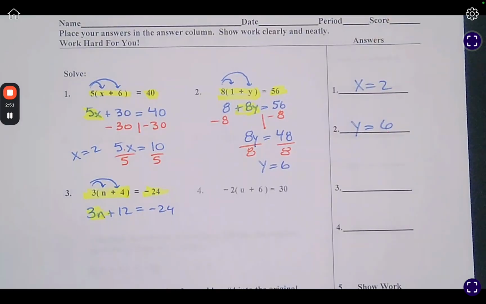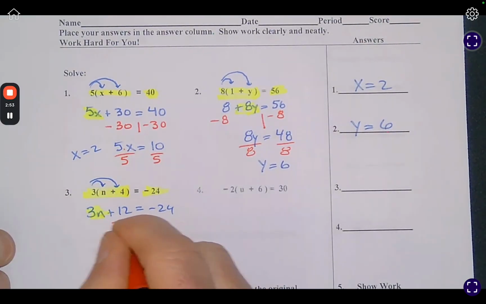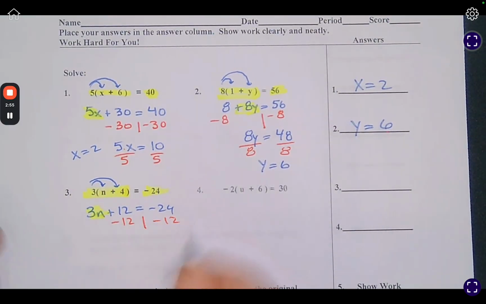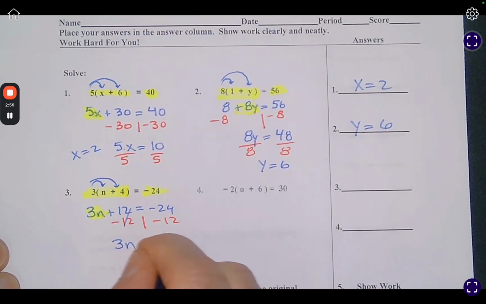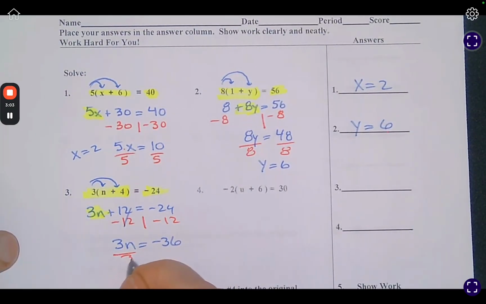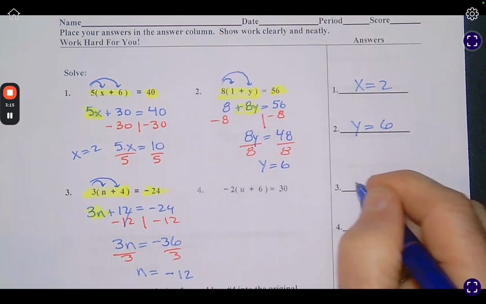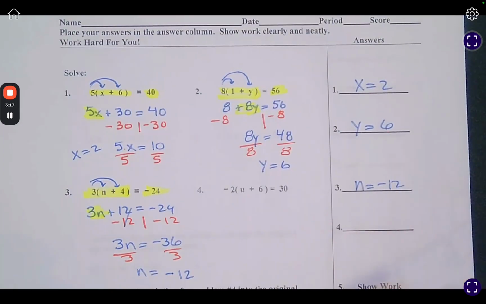So I'm going to inverse operation my 12 over. 12 minus 12 is 0. Boom. Divide both sides by 3. Divide both sides by 3. And n equals negative, because negative divided by a positive is negative. 3 goes into 3 one time. 3 goes into 6 two times. So that's 12. That's division.